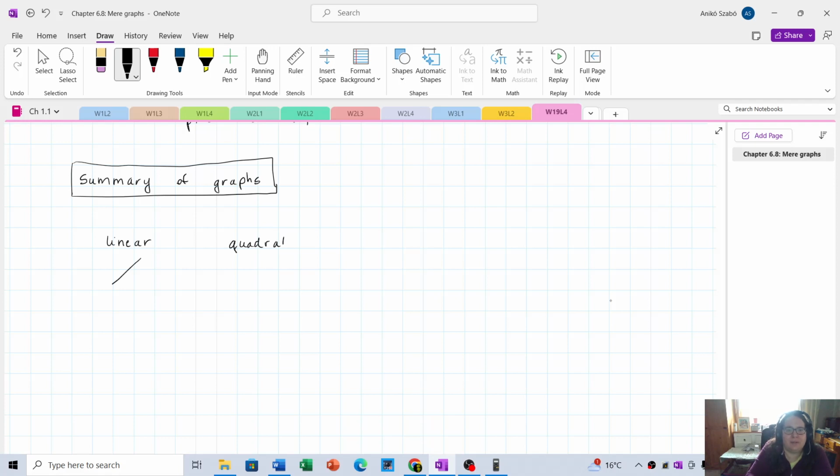Quadratic graphs, these were parabolas, so either smiling or sad face. Not both. Then we had, I think cubics was the next one. Cubic graphs that either looked like that, or like that, or without those two humps.